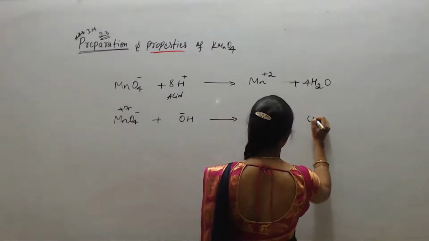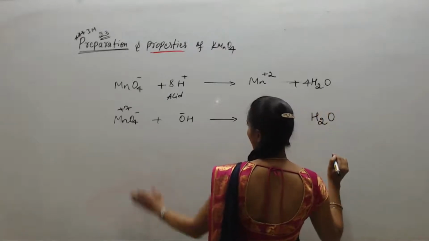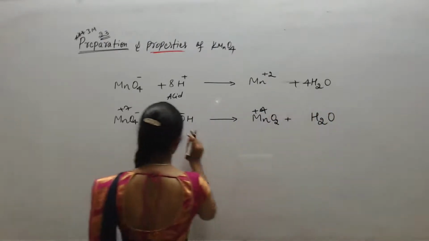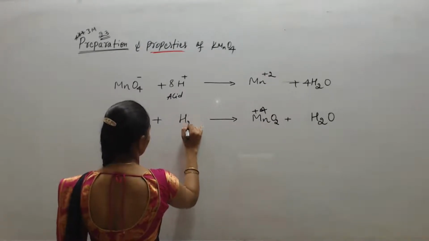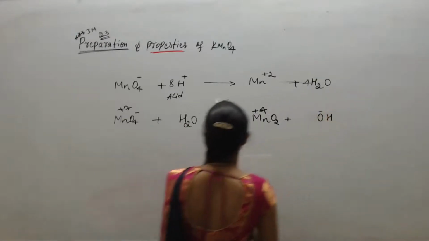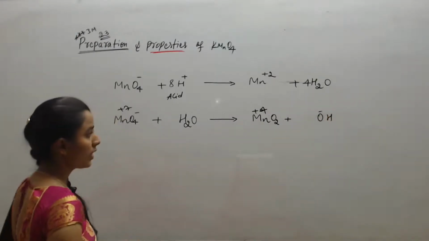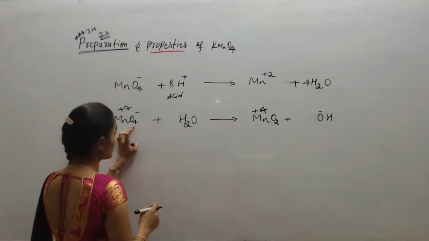Here it will give H2O, and here you will get OH minus. This will be taken as alkali. So listen students, here 3 electron exchange takes place. 4 oxygens are there.